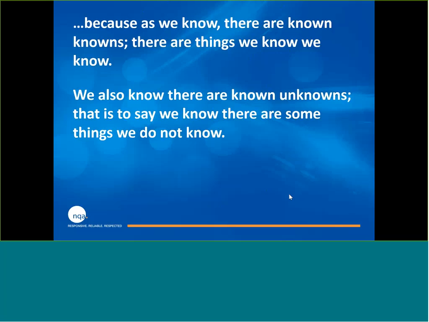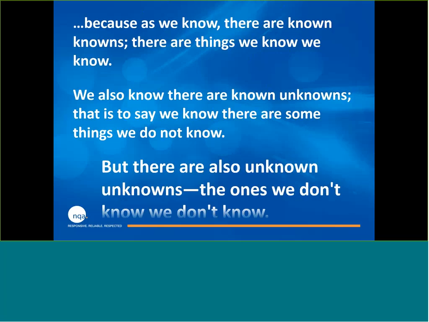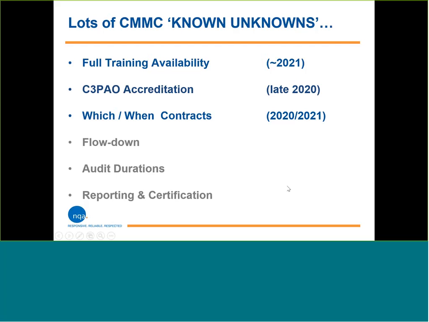That is to say, we know there are some things we do not know. But there are also unknown unknowns, the ones we don't know we don't know. That's a fun little quote from former U.S. Defense Secretary Donald Rumsfeld.